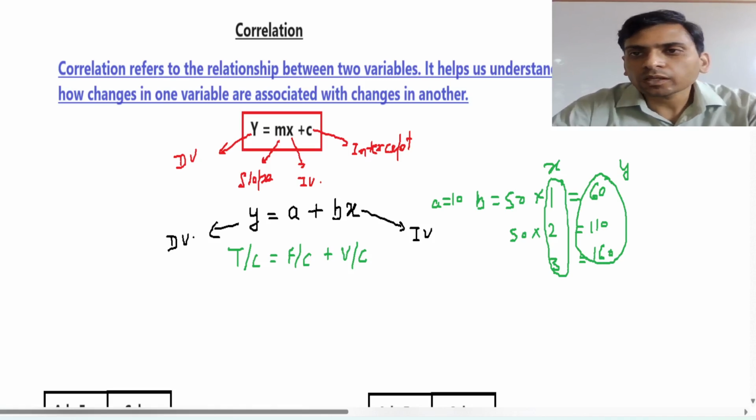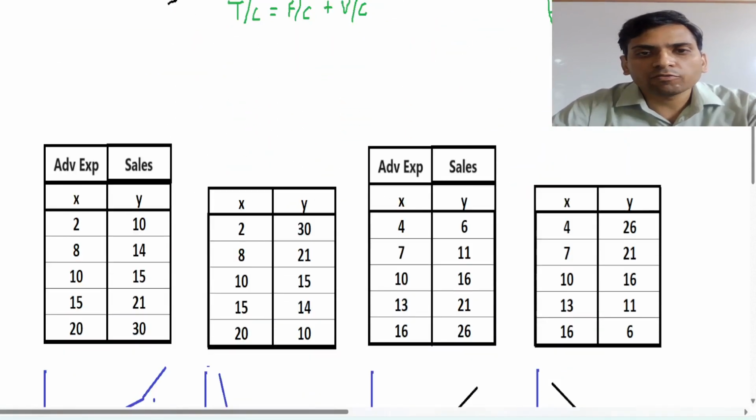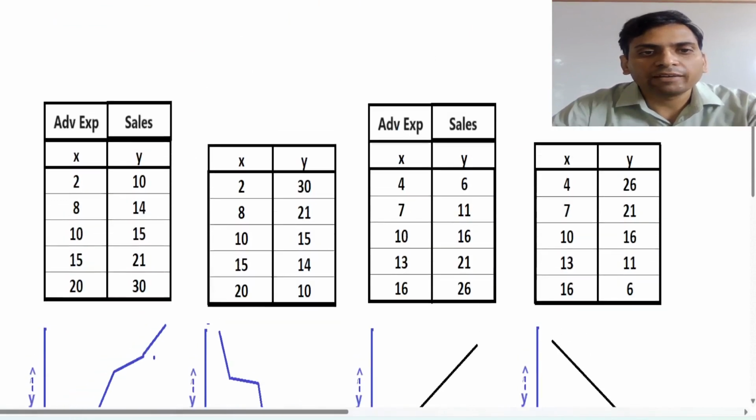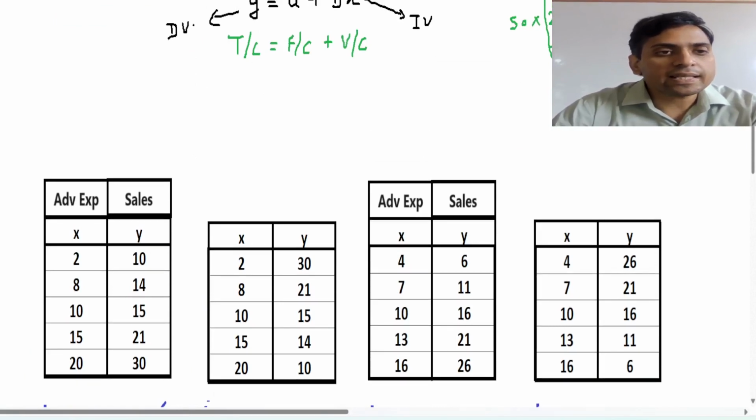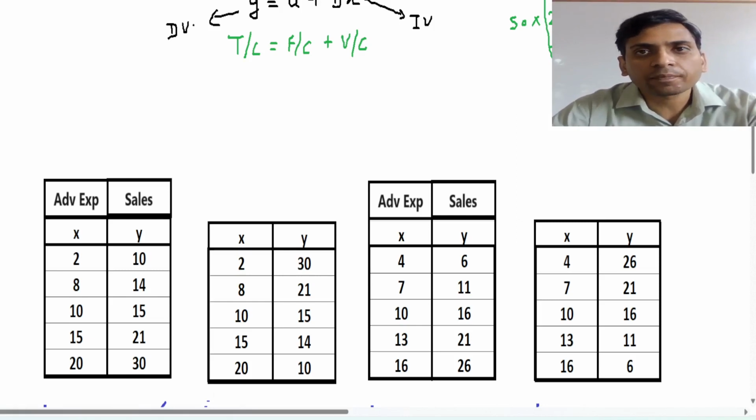Now we will see one more example of advertisement and sales. Now we have this data of advertisement expenditure and sales. Advertisement expenditure is considered as x, and sales is considered as y. You will see this is increasing: 2 to 8, 8 to 10, then 15. This is an increasing pattern of data.